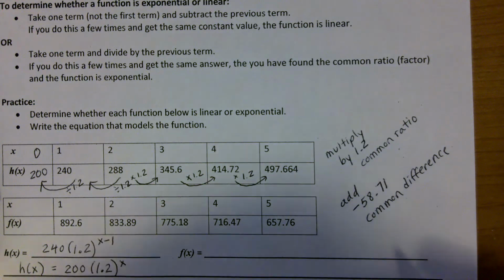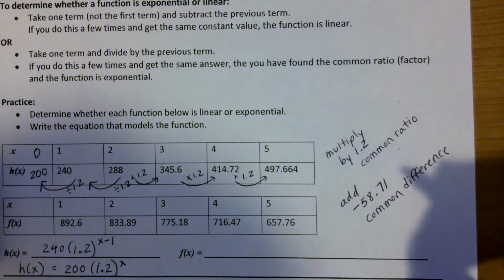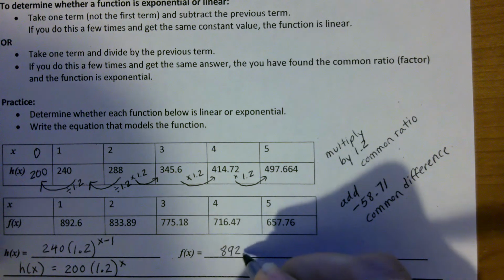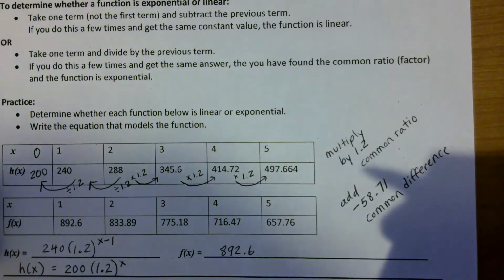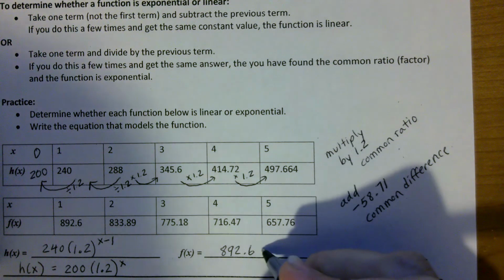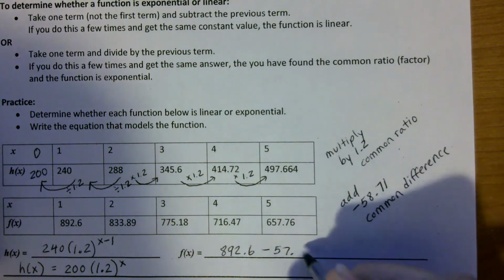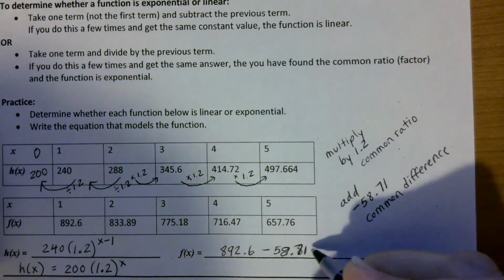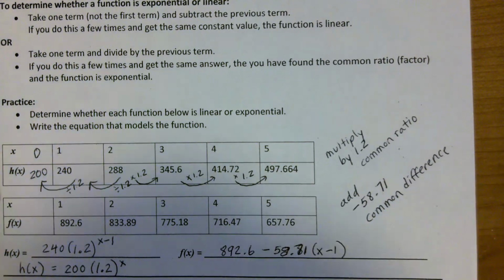Well, with the information I have here, f of x equals, I could say, well, here's my first term, 892.6, and we have minus 58.71 times x minus 1.